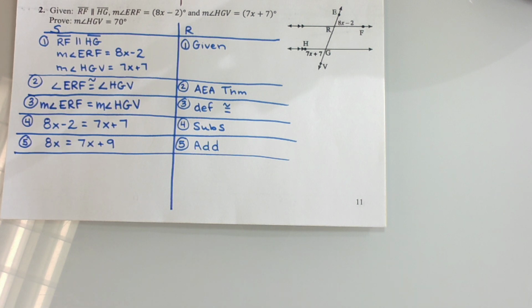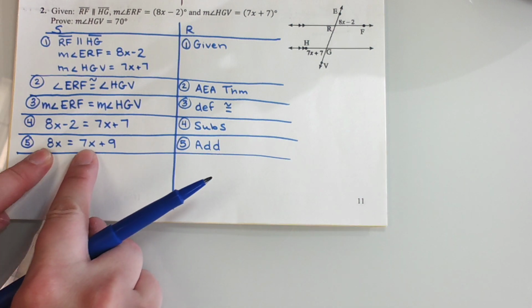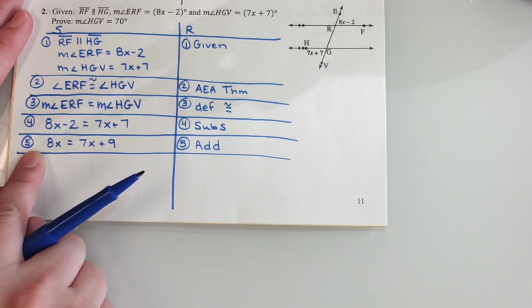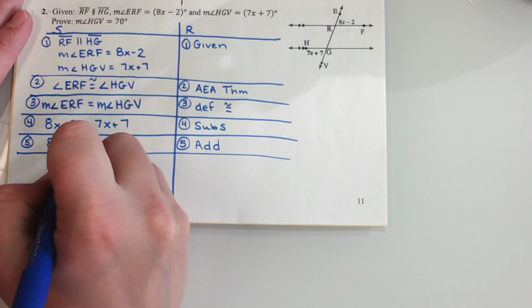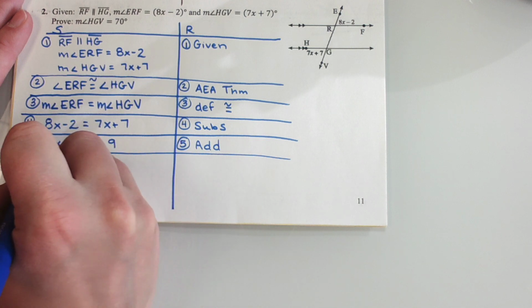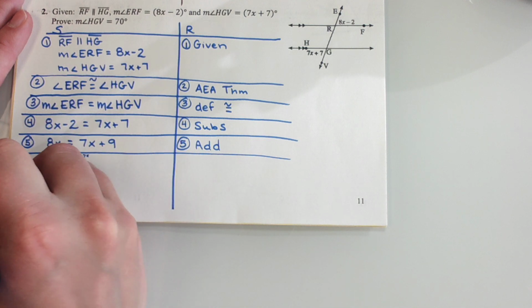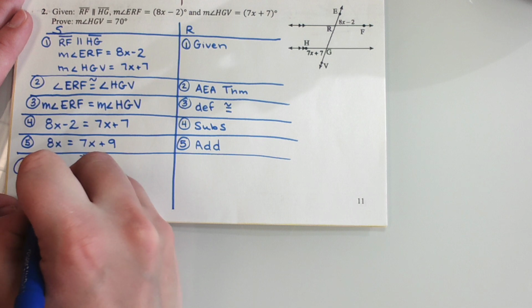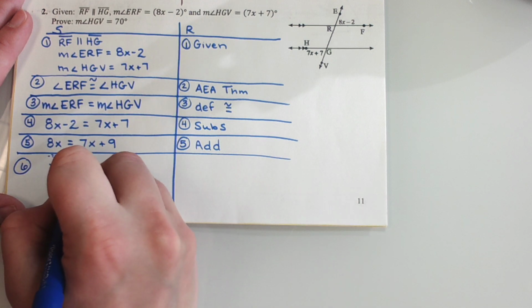Mariana, what would you like me to do next? Ooh, but they're both positive, and if I want to move them across, I'm not adding, I'm subtracting the 7x from both sides. 8x minus 7x is x equals, I'm left with 9.